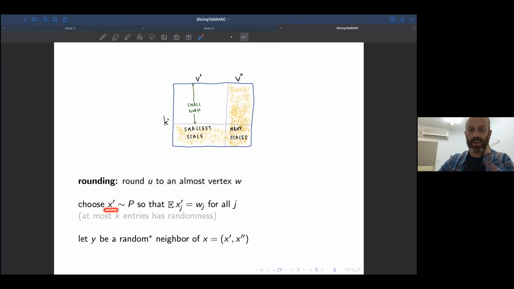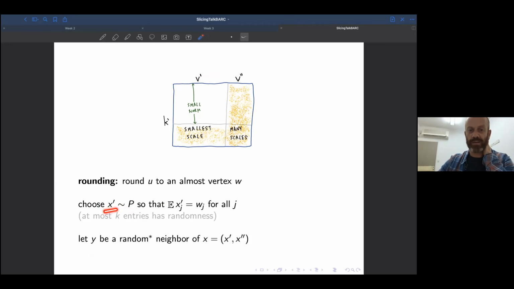We choose a vector x prime of plus or minus 1s from a product distribution over the coordinates. These are the n prime coordinates. What is the property of this x prime?